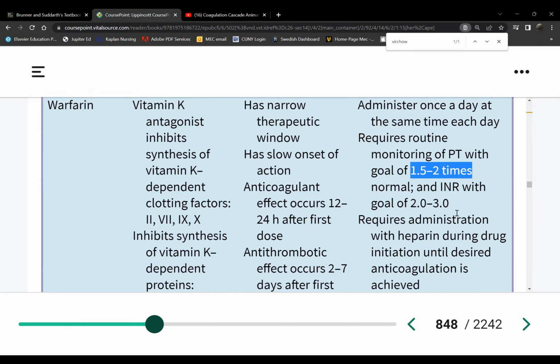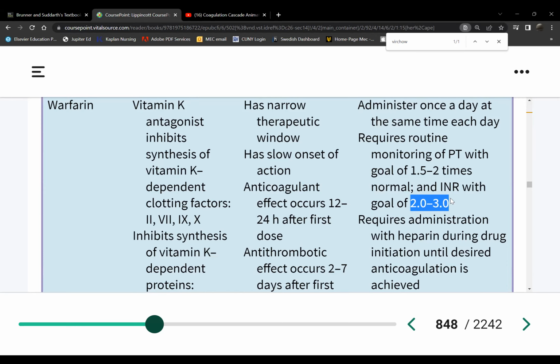So our INR goal for a first-time PE will be 2 to 3. This will depend. Some patients reach this by the 3rd day, some by the 5th day, some 1 week, some maybe longer than that.